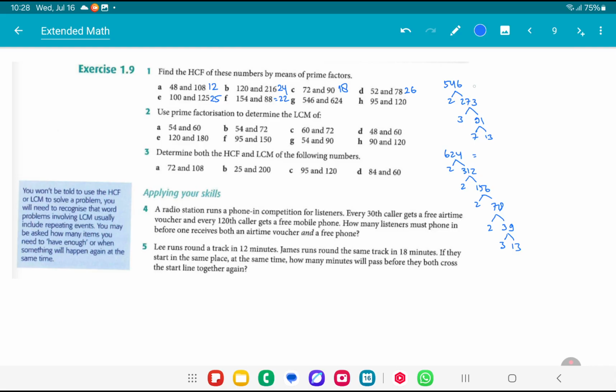So the product of prime numbers for 546 is 2 times 3 times 7 times 13. Here we get 2 to the power of 4 times 3 times 13. So for the highest common factor we get 2, 3, and 13. So 2 times 3 is 6. 6 times 13, we get 78.